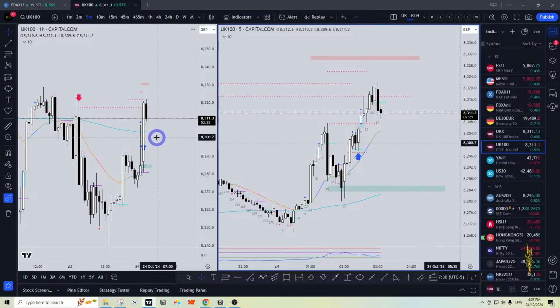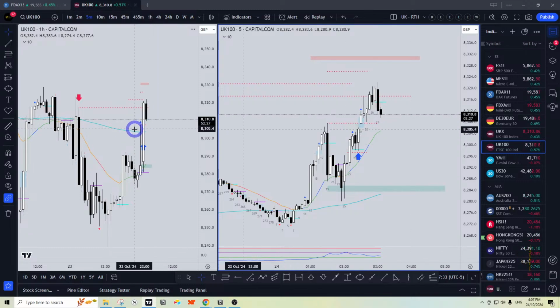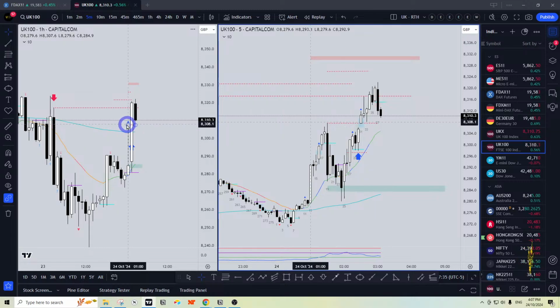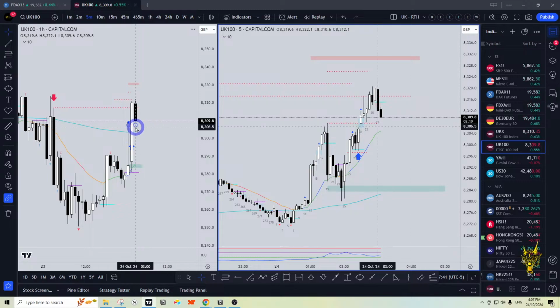One interesting scalping technique, traders use these tails to enter, so they'll sell above, and then we'll come back and test their entry here.